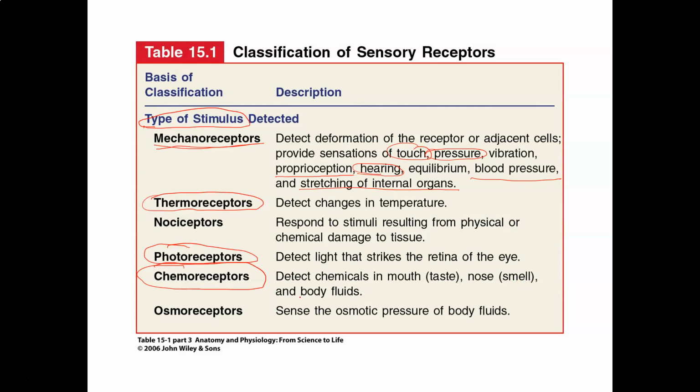But we also have interoceptors that are chemoreceptors, like monitoring concentrations of various things in your body fluids. So, mechanical force, temperature, light, and chemicals. These are the major kinds of stimuli that excite nerve impulses in sensory neurons.